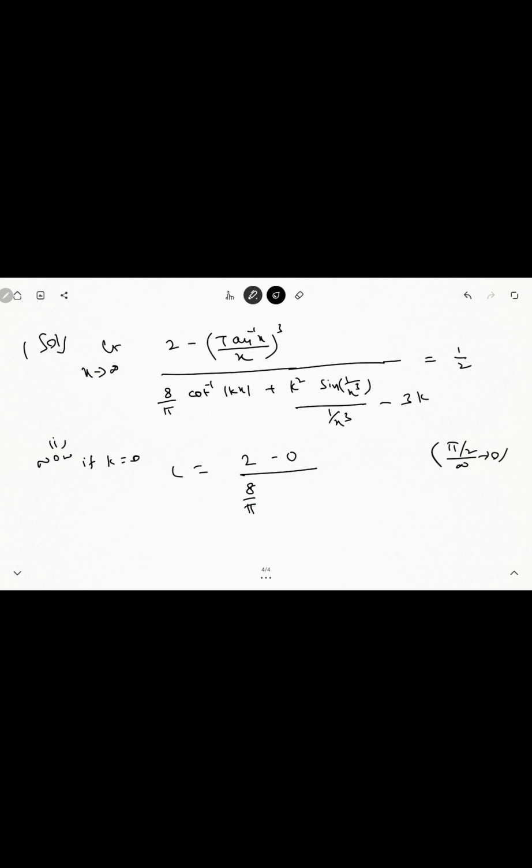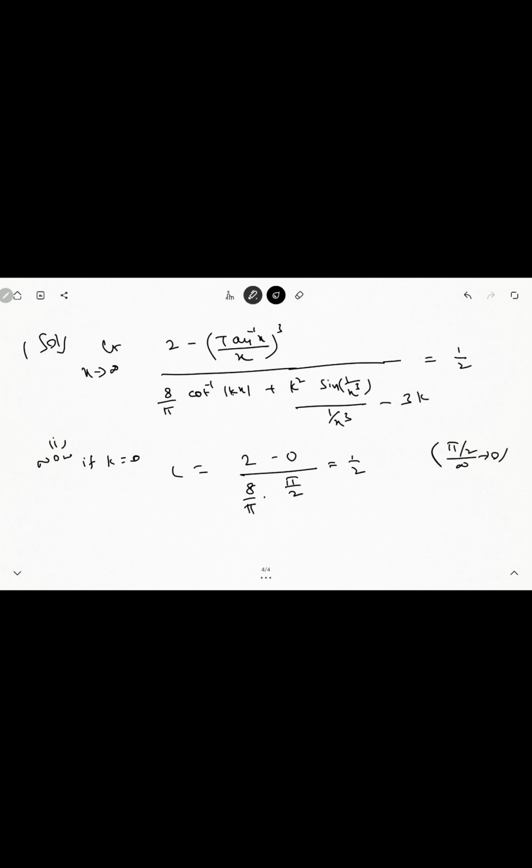Is it right? Whenever k is 0, anyway it will be 0 only. Cot inverse 0 is pi by 2. Okay? So before applying the limit, you have to put the value of k. So cot inverse of 0 is pi by 2, and this is equal to 1 by 2, already given.